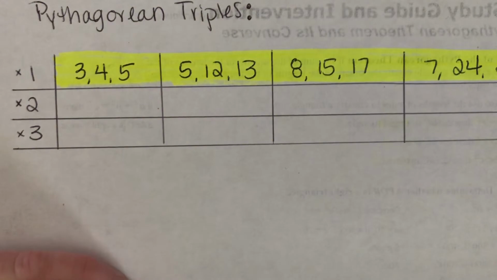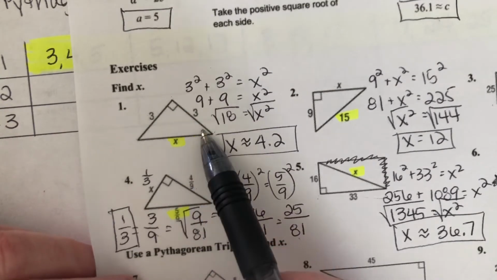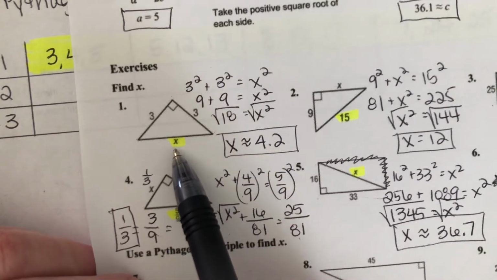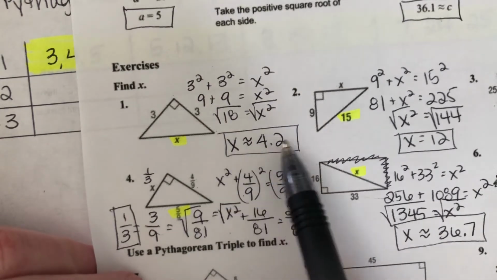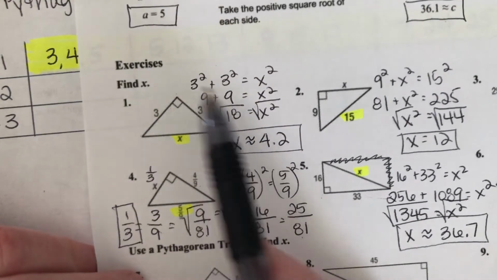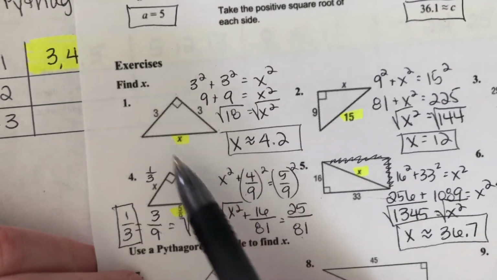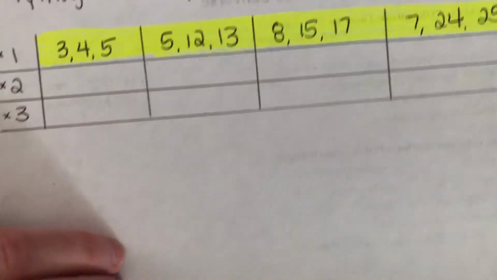So remember on the front of this paper how we had a few problems where, like number 1, where 3 squared plus 3 squared doesn't give us a whole number squared here. It's 4.1 blah blah, or 4.24 blah blah, and we had to kind of estimate it, right? Well, that wouldn't make up a Pythagorean triple. Pythagorean triples are made up of just whole numbers.